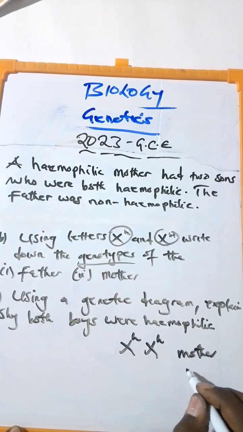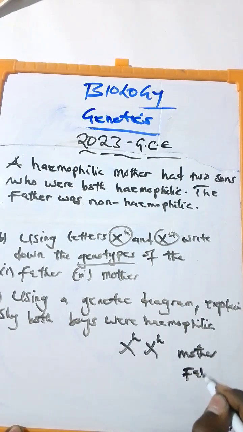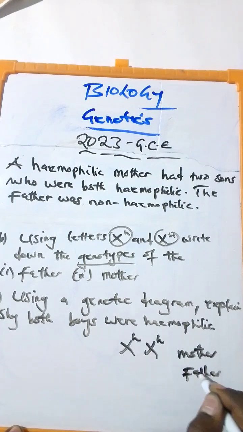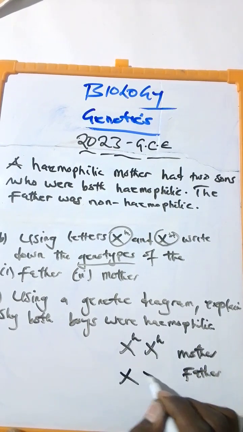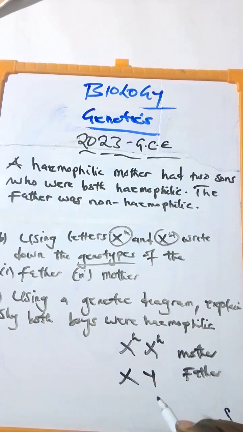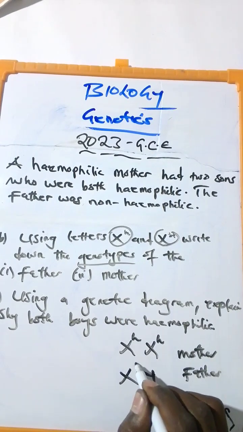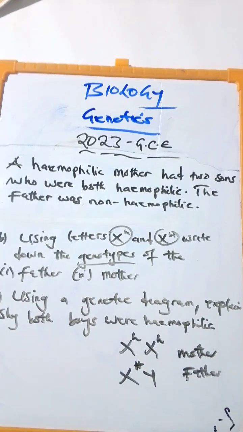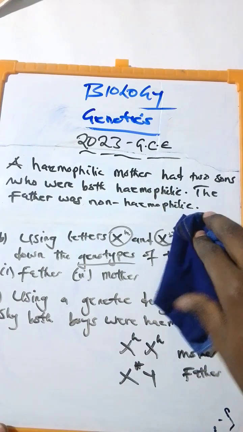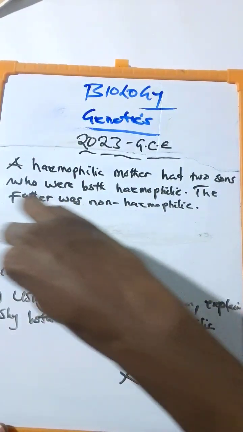Then as for the father, since we know that X and Y is for male, the father was normal, so we're going to put one capital letter H. So these were the genotypes for the father and the mother. So we are done with that part.